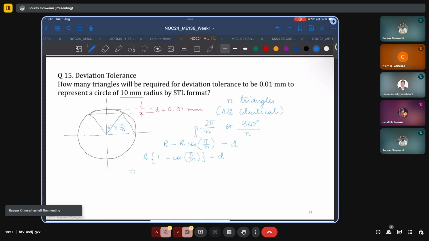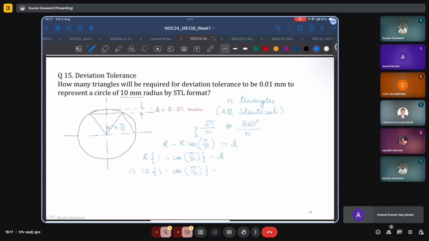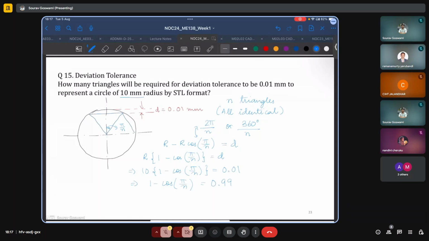Let us plug in the numbers. So we have 10 into 1 minus cos pi by n equal to 0.01, all in mm, or 1 minus cos of pi by n is equal to 0.001, and cos pi by n is equal to 1 minus 0.001, which is 0.999.